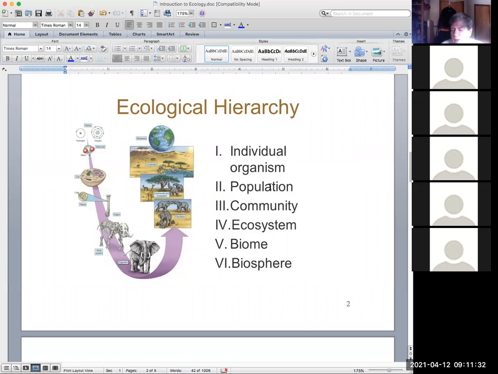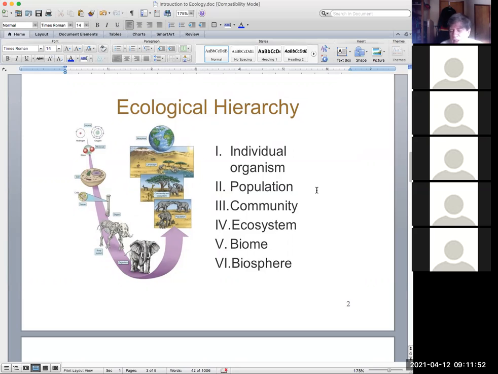Instead, we talk about a group of organisms, a population. And a few minutes ago, I said individuals don't evolve, populations evolve. So usually when we start studying ecology, population is the level where we start.